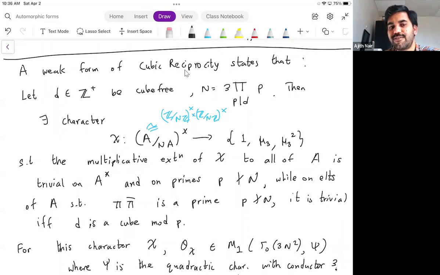That might be a good question to think about: how does this generalize when 3 is replaced by some other prime?